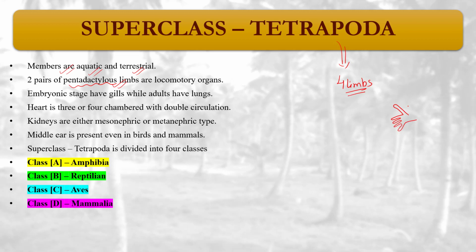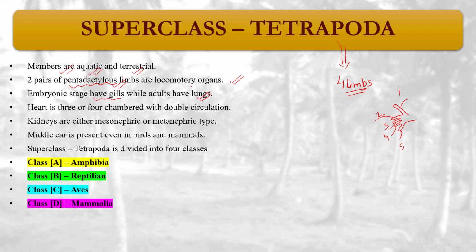Five digits. Okay. One, two, three, four, five. Five digits of limbs which act as locomotory organs. Understood? Embryonic stage have gills. In tetrapods, their embryonic stage has gills, while adults have lungs.